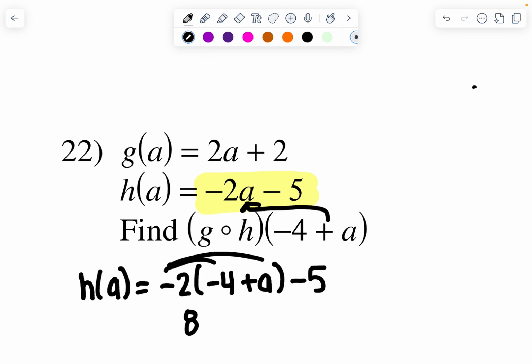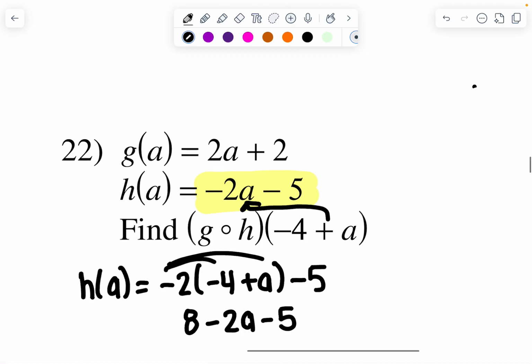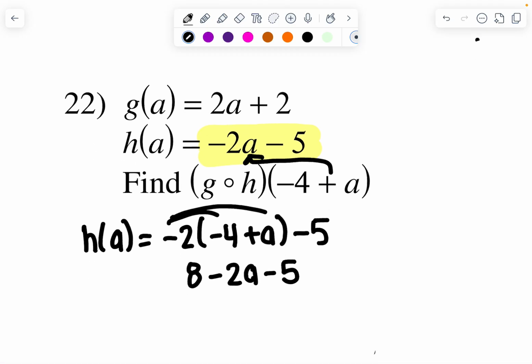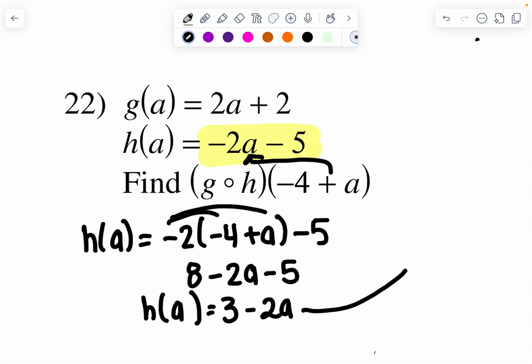So I'm going to get positive 8 minus 2a minus 5. Combine like terms. 8 minus 5, it's going to be 3. So h of a equals 3 minus 2a. So now I'm going to input that into here.